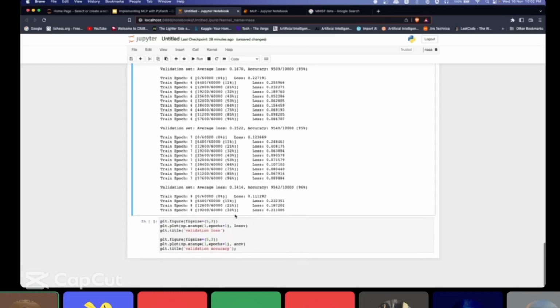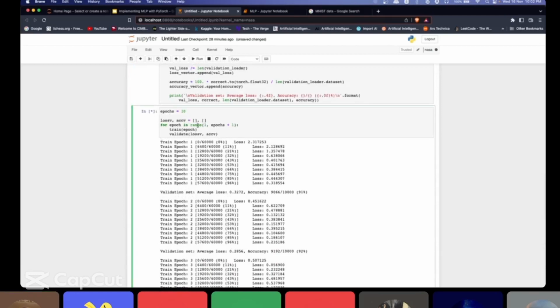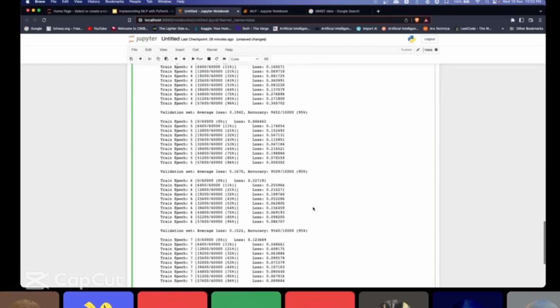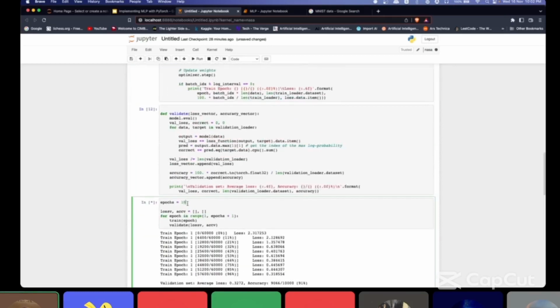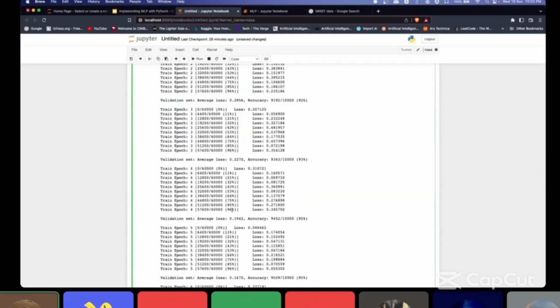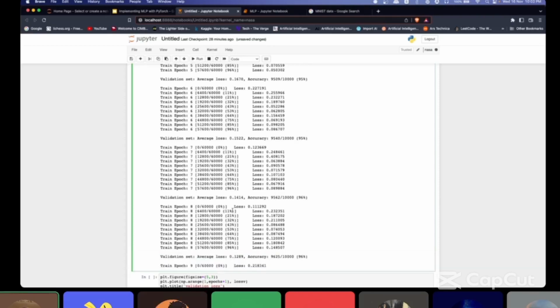So we just have to wait until 2 more epochs and we're done. We can even set this epoch to whatever we want. Now when training a neural network, you might think that if we increase the epochs to 100 or 200 or whatever, it's just going to give us 100% accuracy, right? Now there's some dangerous side to that as well. When you train your neural network too much, you're going to end up overfitting the neural network.